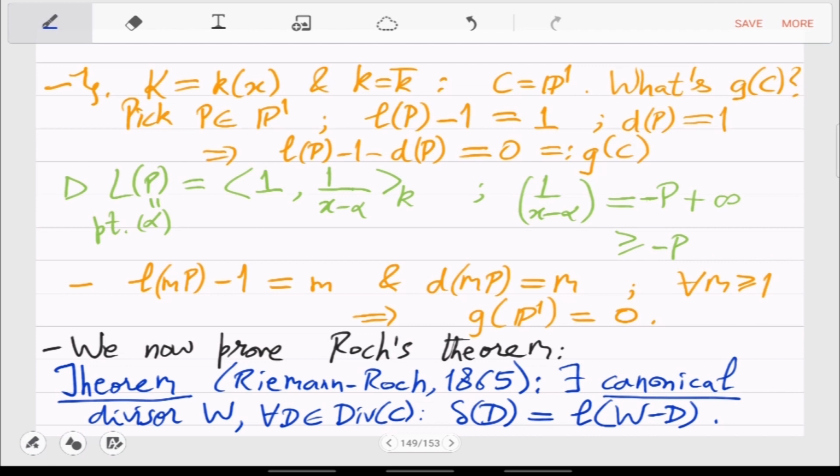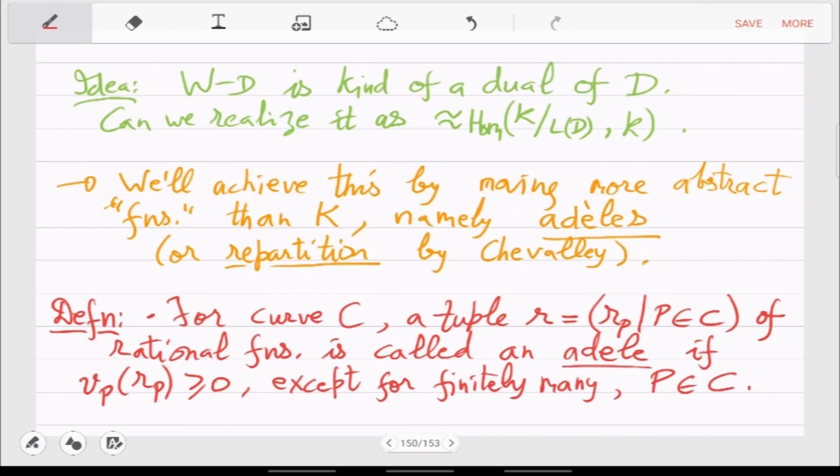So for that we go via this new object called adele, which is just defined as a tuple of infinitely many rational functions.